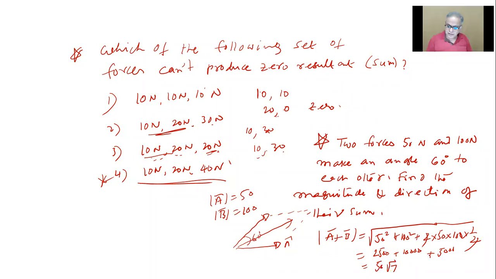Are you sure? This is how much? Yes, sir. Sorry, it's a root of 17,500. Okay, right. And then tan alpha equals mod B sin theta, sin 60, by mod A. This is mod B, no? So 100, sorry. This is alpha, that's why this comes first. Mod B sin theta by mod A plus mod B cos 60.